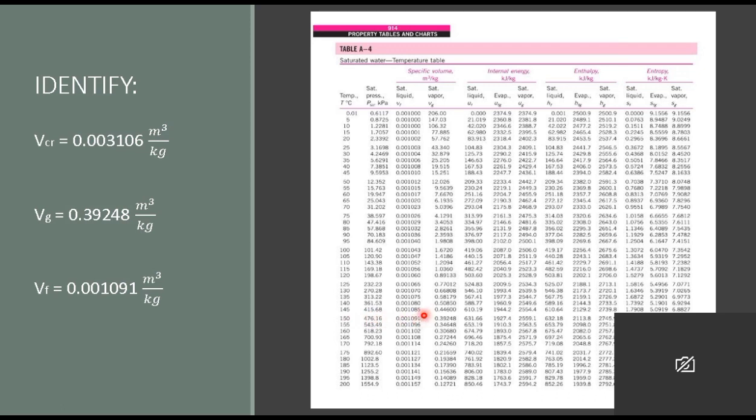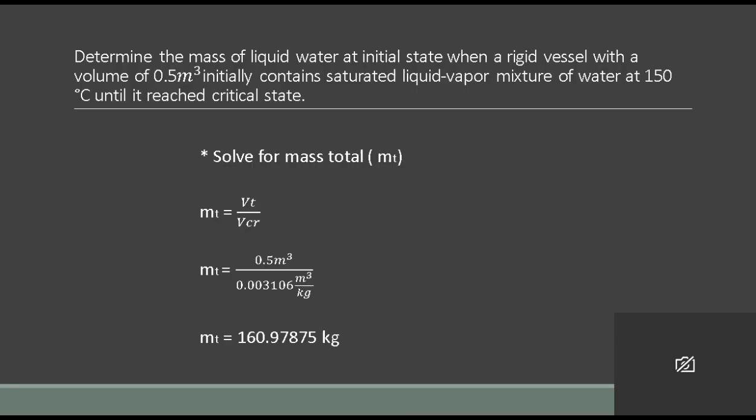Here it is, this is the saturated liquid and this is the saturated vapor. The value of our saturated vapor is 0.39248 cubic meter per kilogram, and our saturated liquid is 0.001091 cubic meter per kilogram.